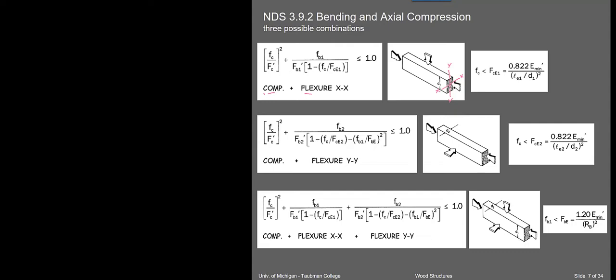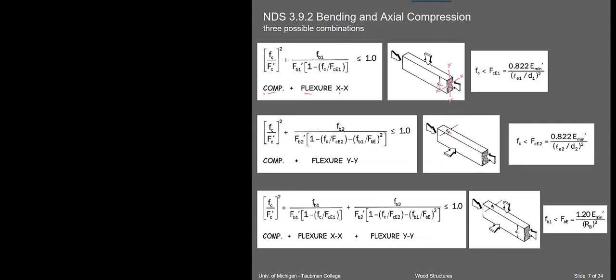I guess because if you use it flatwise, it is rotated, and maybe they thought that was confusing. So they don't use X and Y. They use this D1 business, the strong axis, and D2 is flatwise, the weak axis.